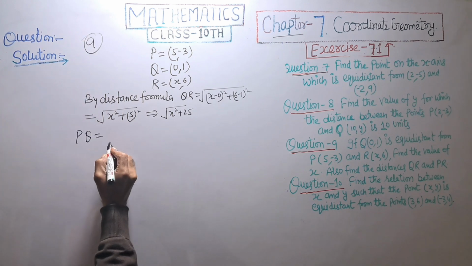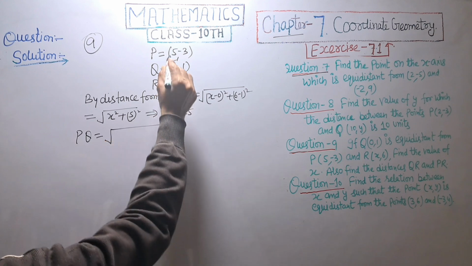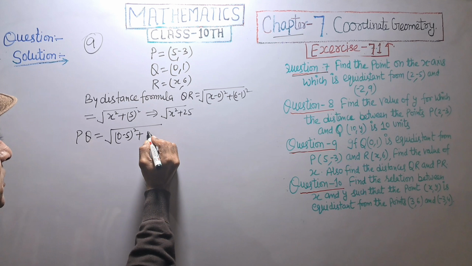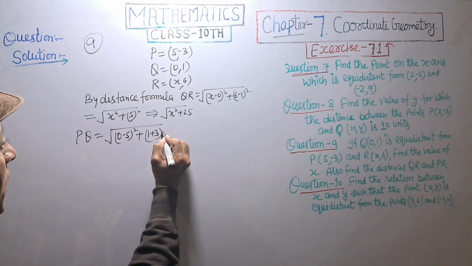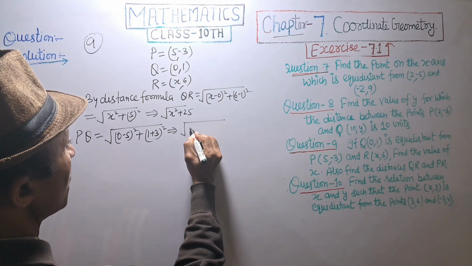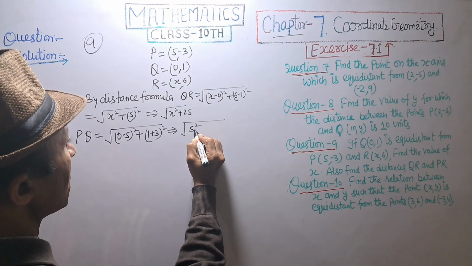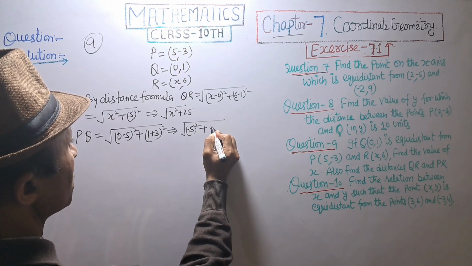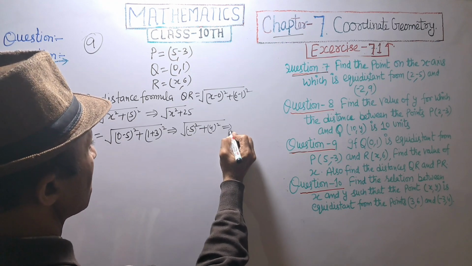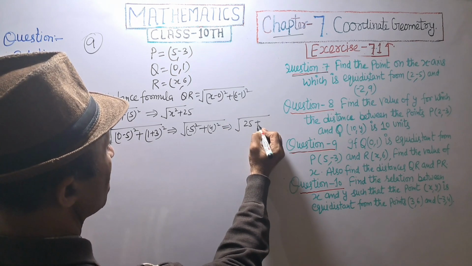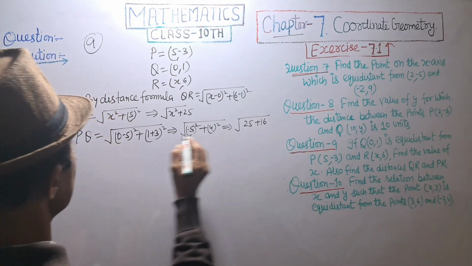PQ is equal to, by distance formula, (0 minus 5) square plus (1 plus 3) square. This implies PQ is equal to (minus 5) square plus 4 square. This implies 5 5s are 25 plus 4 4s are 16.